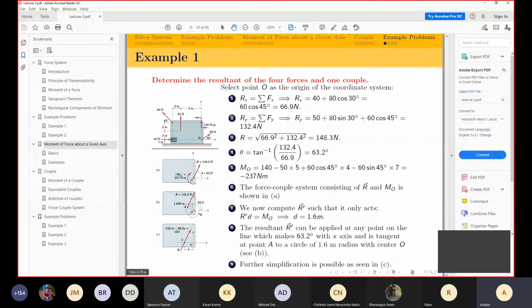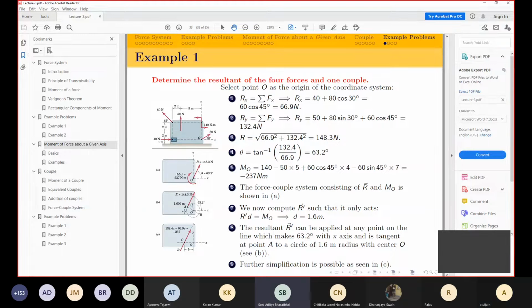Correct. Tangent to this circle, but this 63.2 degree angle should be there. You are right. It can be tangent to any circle, but this angle of 63.2 has to be respected, so it will pass through A.